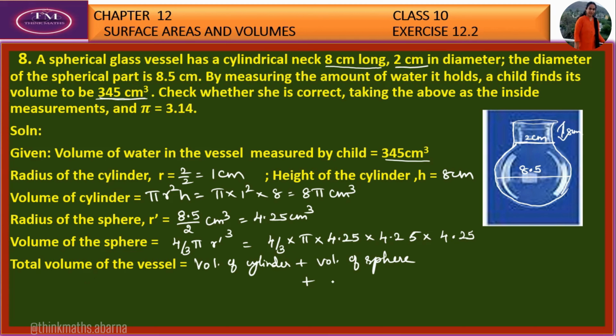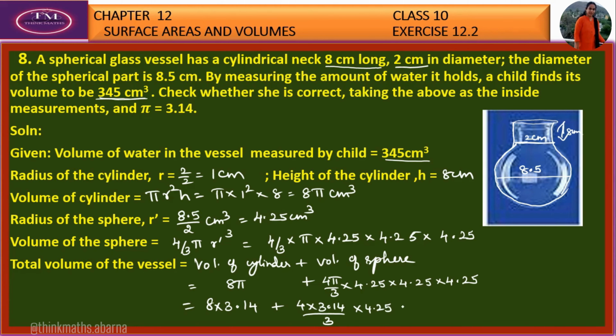Volume of sphere is 4 pi by 3 into 4.25 into 4.25 into 4.25, and volume of cylinder is 8 pi. So if you substitute the value of pi as 3.14, it is 8 into 3.14 plus 4 into 3.14 divided by 3 into 4.25 into 4.25 into 4.25.